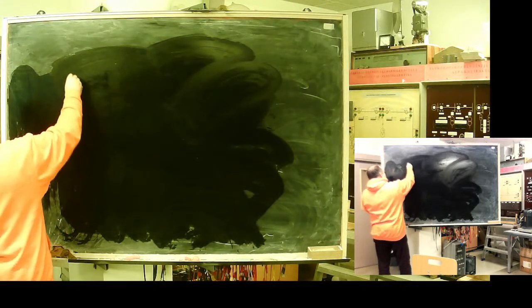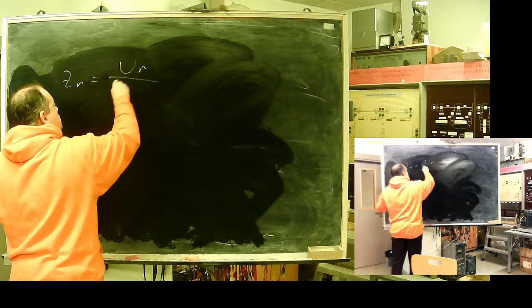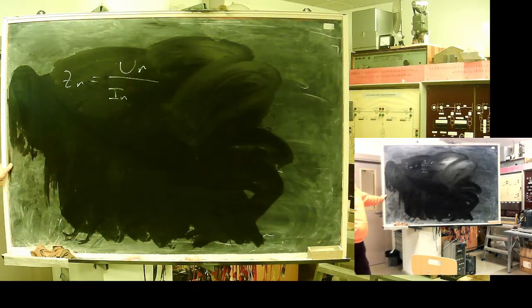If we simply take relay voltage divided by relay current, it will not work. We will get an error.